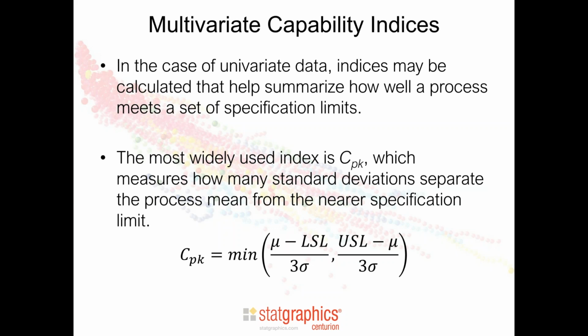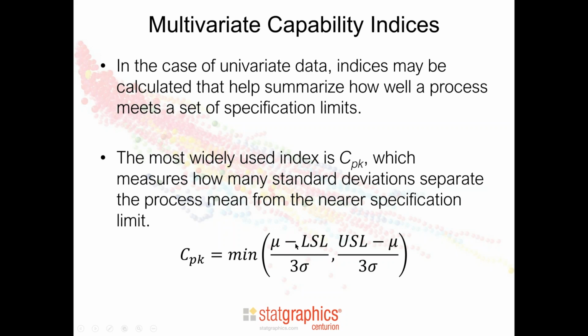CPK measures basically how many standard deviations separate the process mean from the nearer specification limit. If I have both an upper and a lower specification limit, then CPK is the minimum of the mean minus the lower spec divided by 3 sigma, and the upper spec minus the mean divided by 3 sigma.